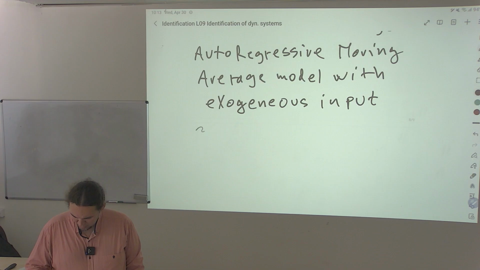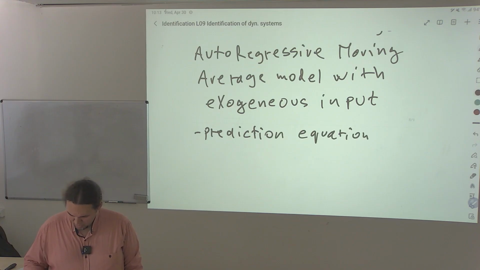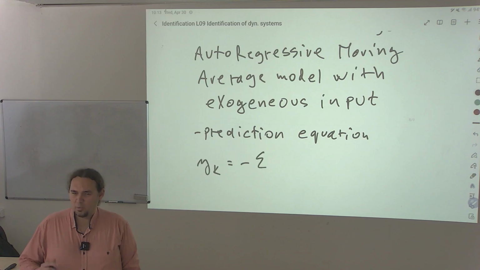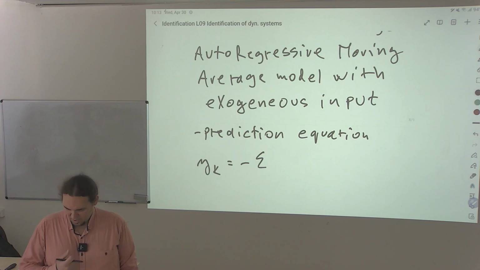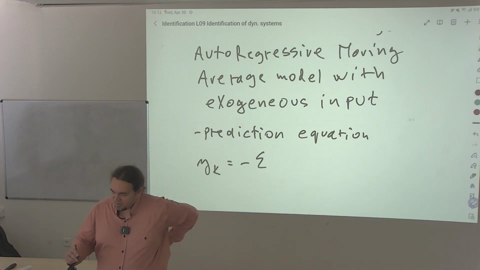The prediction equation would look something like this. We will keep our past outputs, that's why it's auto-regressive.